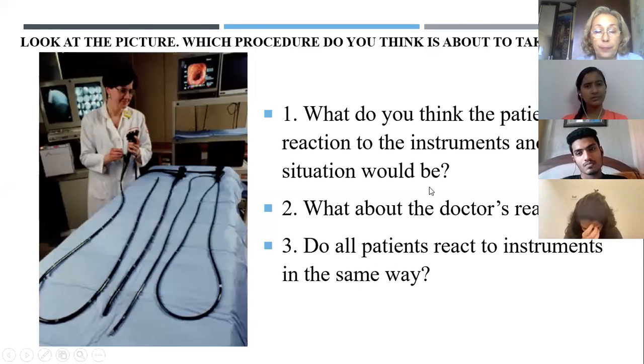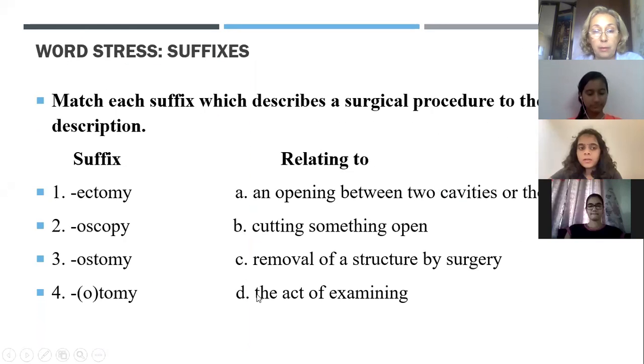Okay, if we move to the next slide. So you've called this procedure laparoscopy, right? Endoscopy, gastroscopy.